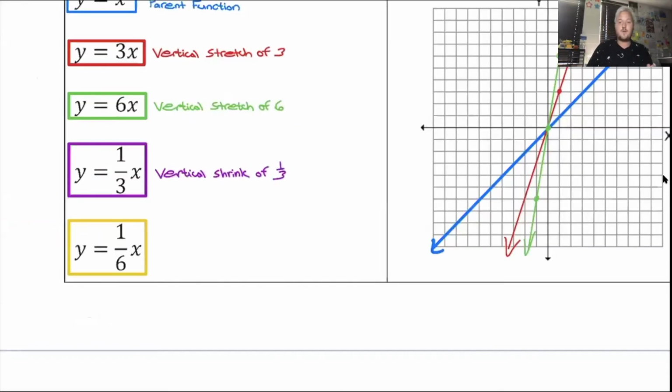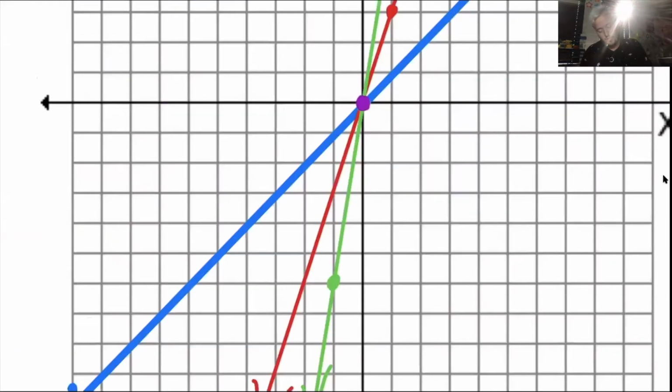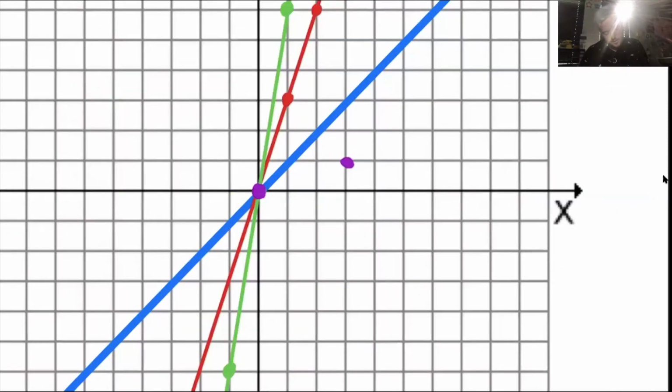All right, so now we have a rise of 1, and we're going to run 3. So start at 0, up 1, and then right 3. So 1, 2, 3. There's the next point, and there's the next point.